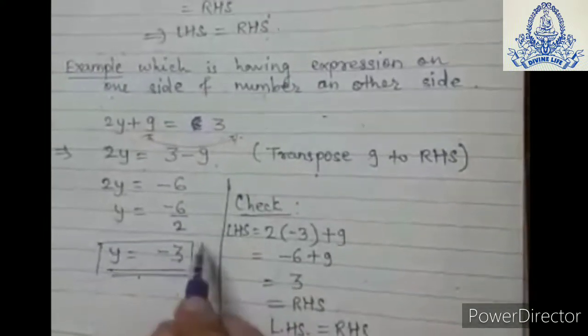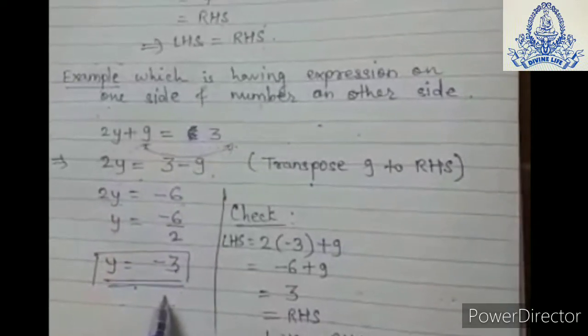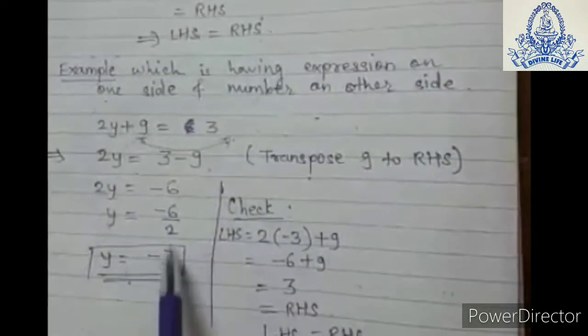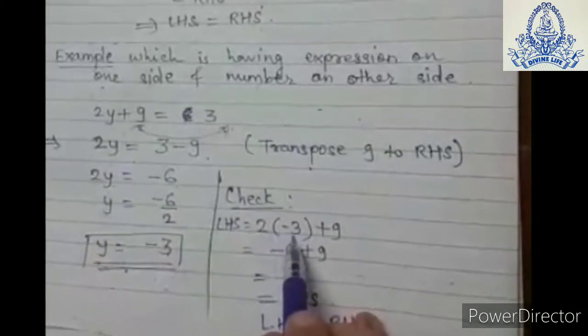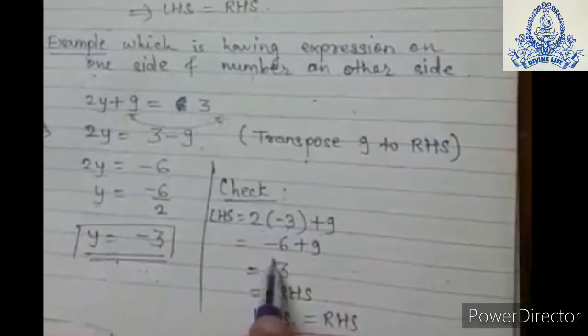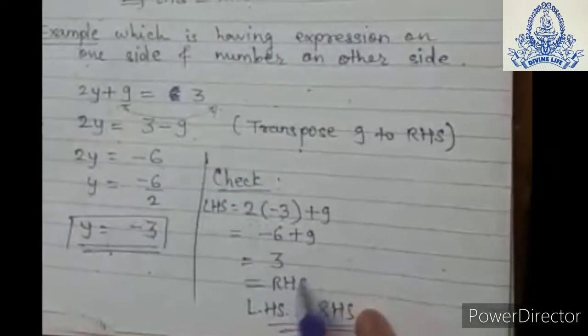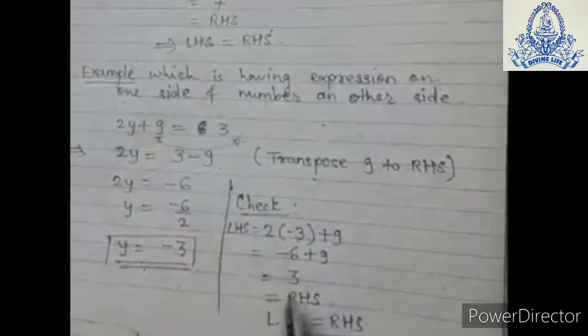Now we want to check whether LHS is equal to RHS for y is equal to minus 3. First we put y is equal to minus 3 in LHS: 2 into minus 3 plus 9. 2 into minus 3 is minus 6, plus 9 is equal to 3. Our RHS is also 3.